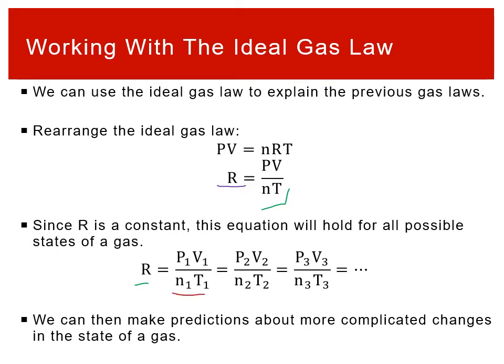If you combine your pressure and volume, multiply those together, and divide by the number of moles and the temperature, you're guaranteed to get R. If you change it to state 2 and you combine in that same way, you'll still get R as the answer. If you change it to a third state, you'll still get R as the answer. So it doesn't matter how we change our state. If we combine our variables in this way, we'll always get the same constant, which is how we can get the relationships between the variables for two different states.